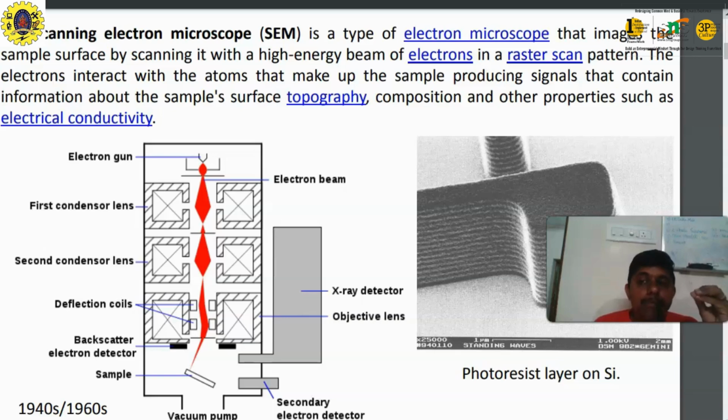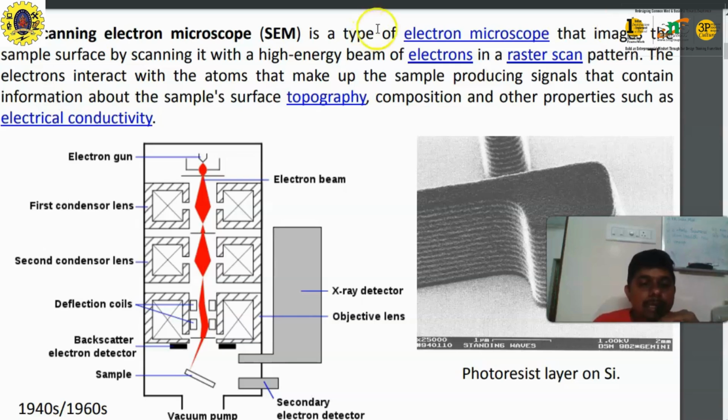It produces signals that contain information regarding the sample surface topography, and some other properties which help to determine the surface characteristics through the backscattered electron detector.